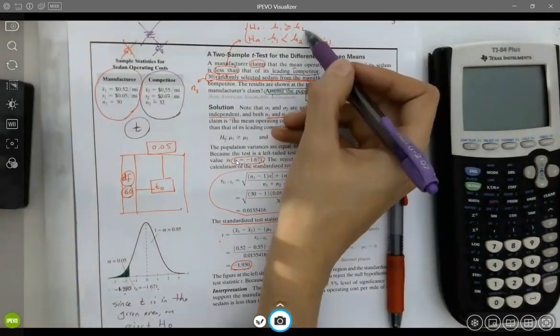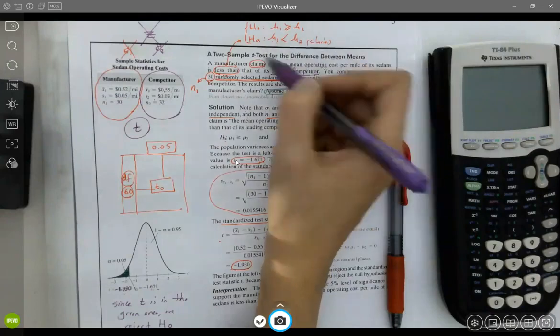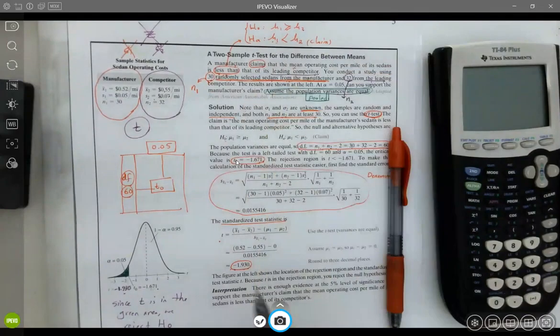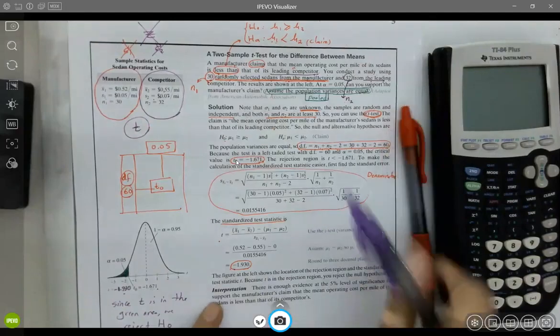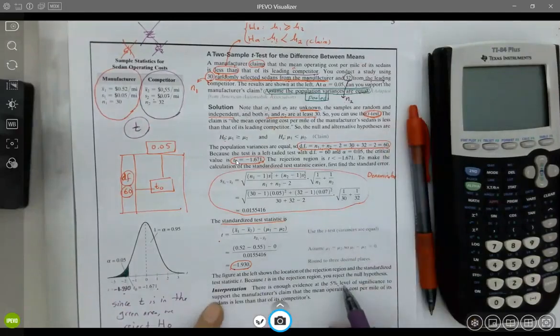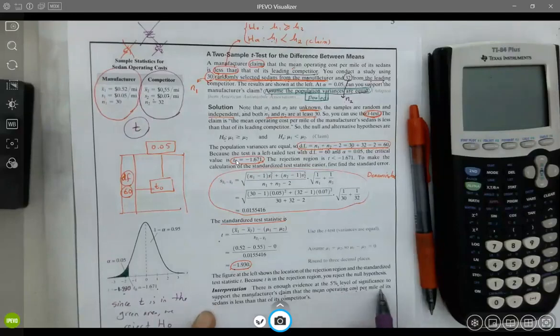It means that unofficially we support the claim. There is enough evidence at 5% level of significance to support the manufacturer's claim that the mean operating cost per mile of its sedans is less than that of its competitors.